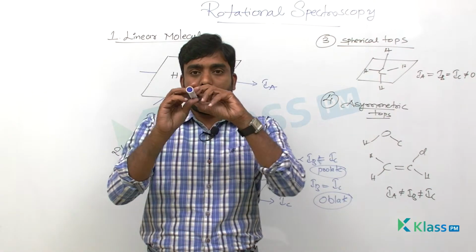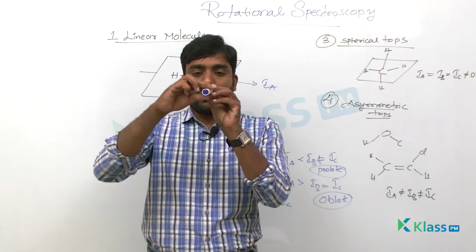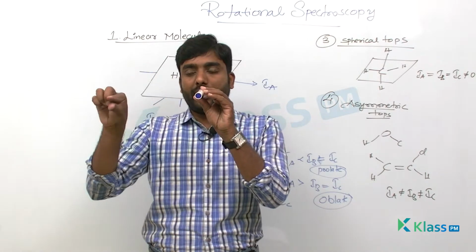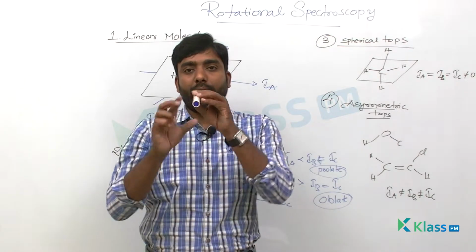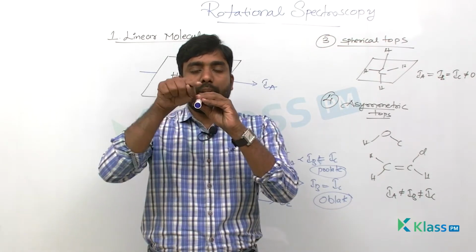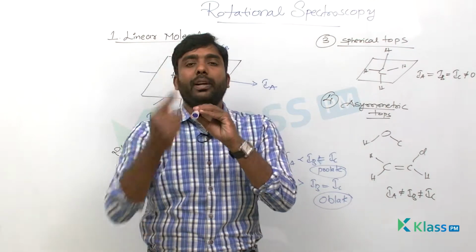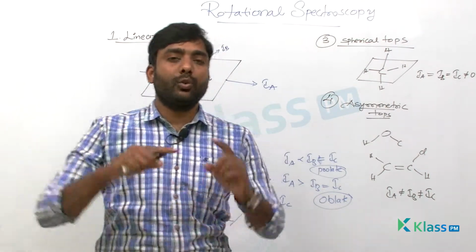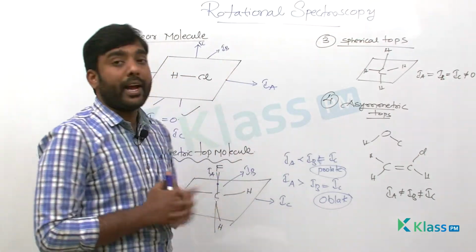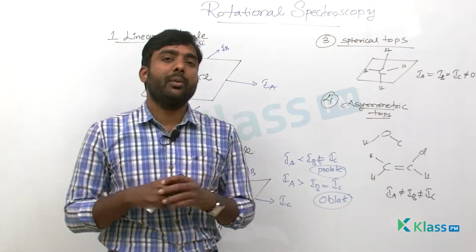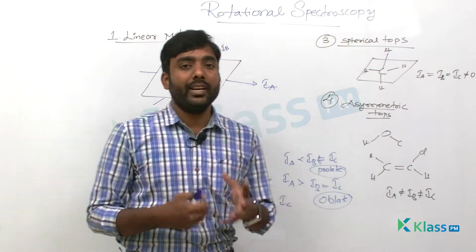Now I am rotating like this, so what happened? If I rotate 180 degrees, fluorine will come here, carbon will be here, and the three hydrogens will be in this plane. So in the IC case also, the relative positions of all five atoms are changing. That's why IC will also be a greater moment of inertia.